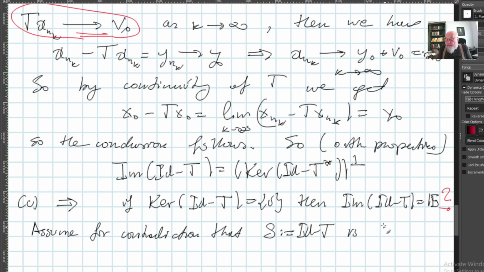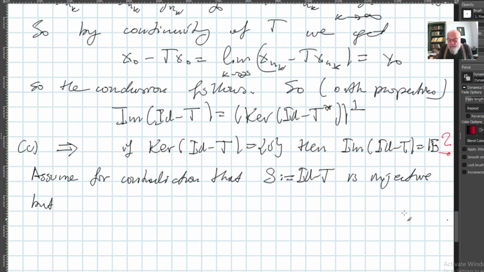That means the kernel is equal to 0, but its image, E1, which I denote as the image of S, is not equal to E. So that means S is not surjective.